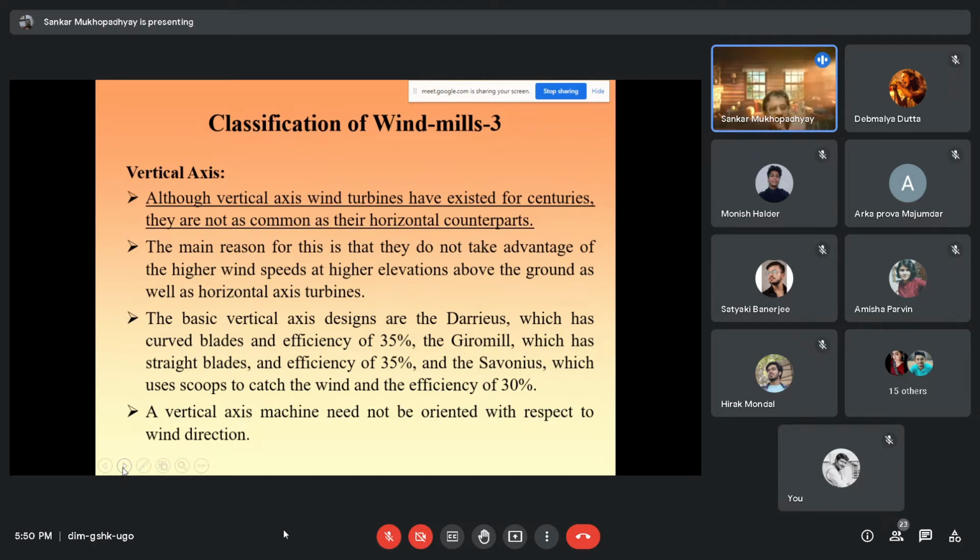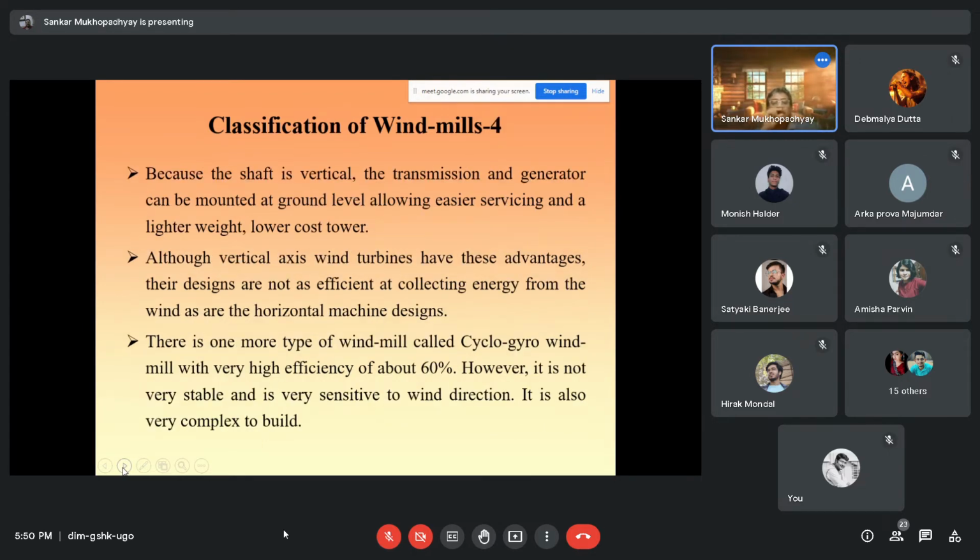I am just telling you to learn this, but I will not ask any questions from there because these are not common. A vertical axis machine need not be oriented with respect to wind direction. Because the shaft is vertical, the transmission and generator can be mounted at ground level, allowing easier servicing and a lighter weight, lower cost tower.